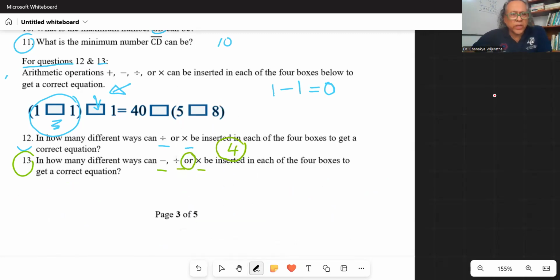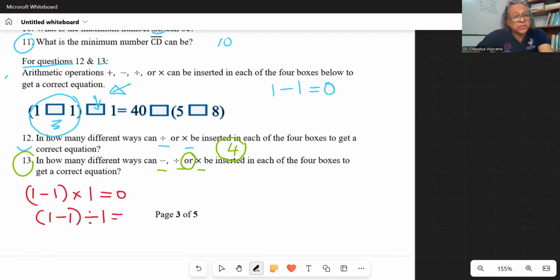So we can have 1 minus 1 times 1 is 0. So this is actually getting 0 on the left-hand side. And then we can have 1 minus 1 divided by 1. It is also 0 because 0 divided by 1 is 0. If you divide 0 by anything except 0, we can't divide 0 by 0, right?